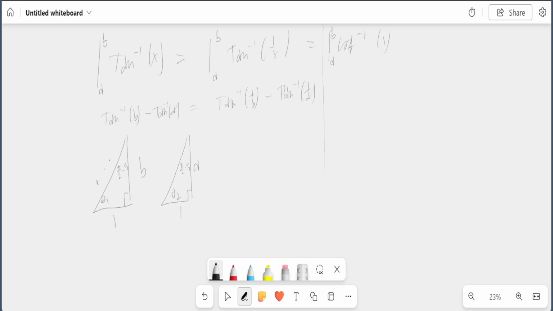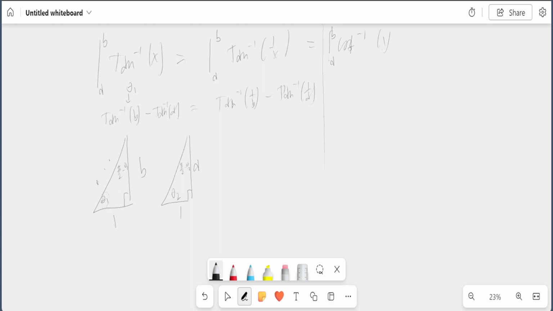Okay, so tangent inverse b we can say is the same as b over 1, right? We get this angle. Sorry, my brain's shutting down here. I don't even know what I'm doing right now. So this is equal to theta 1.